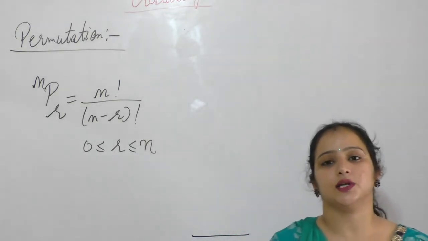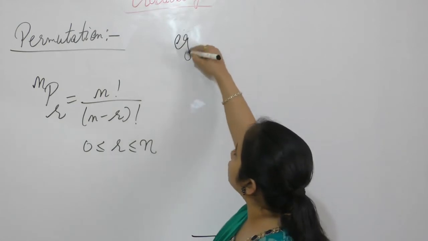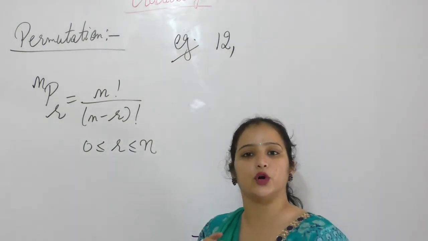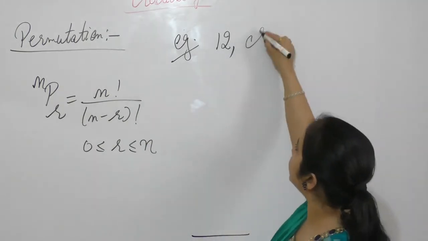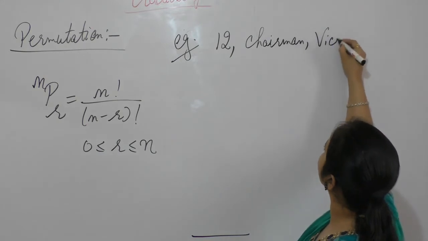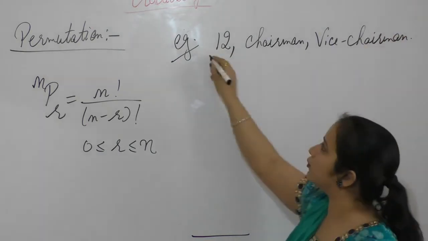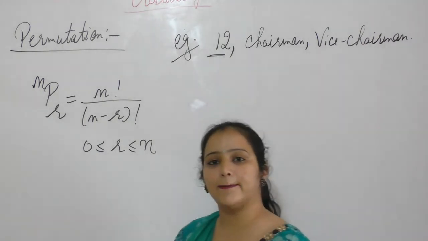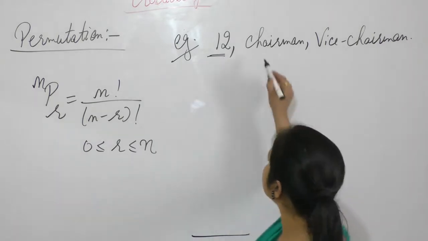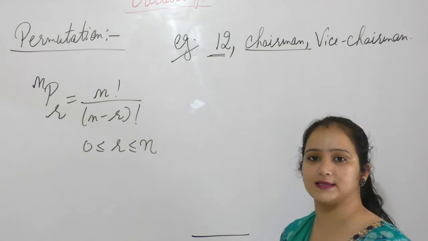If the repetition is not allowed, let us take one example. Suppose out of 12 persons, you will have to select a person for 2 posts, chairman and vice chairman. You will have to fill these 2 posts out of 12 persons and repetition is not allowed here. It means the person who is at the post of chairman cannot be at the post of vice chairman.